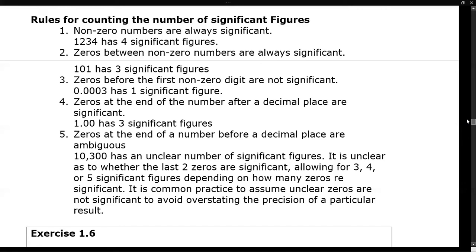So we know it has a minimum of 3 places, but it can have up to 5 if those 2 zeros were significant. As a general rule, if you have no way to know, you would just assume those zeros were non-significant. If you had to treat it as a number with a specific number of significant figures, you would go for 3 in this case.